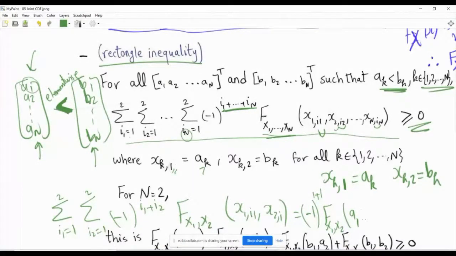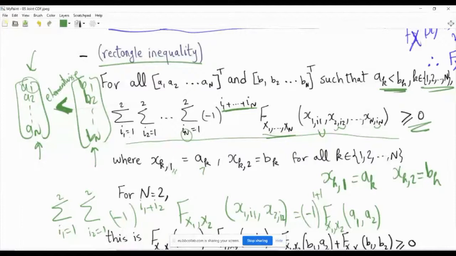So if we have x2,I2, and I2 is equal to 1, it becomes A2. Okay, so what is the next term?